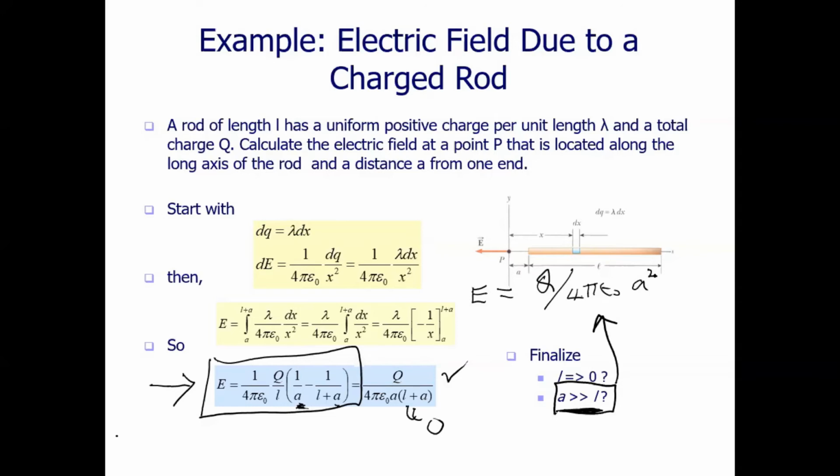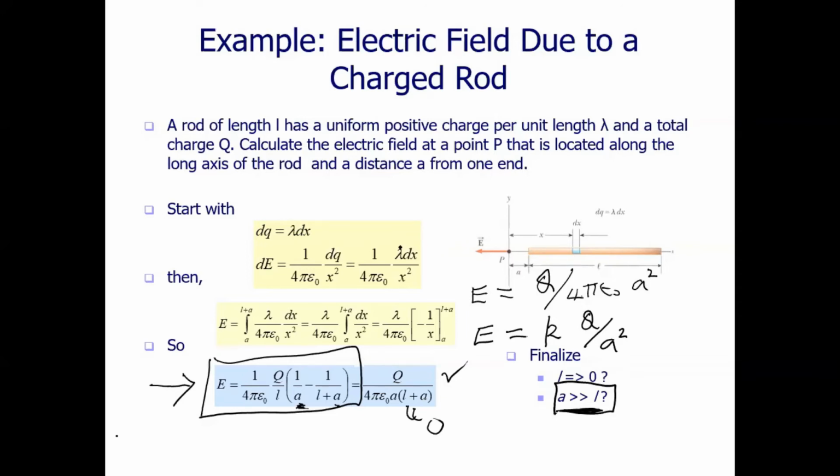So this E can just be written as, remember, 1 over 4 pi epsilon naught is just k. So it can be written as k q over a squared, and a is basically the distance from this point charge to the place where you want the field.